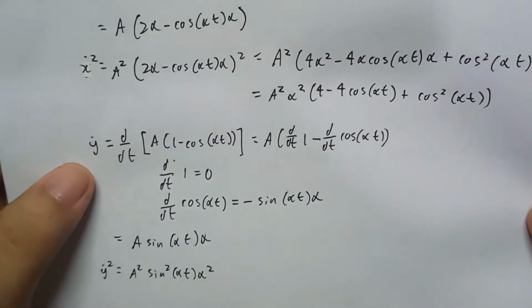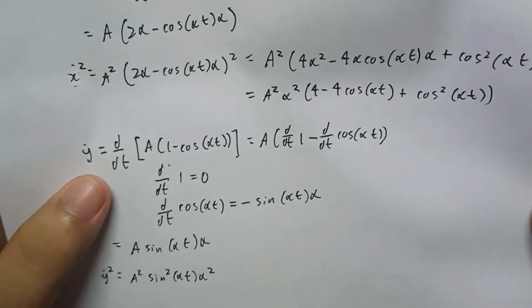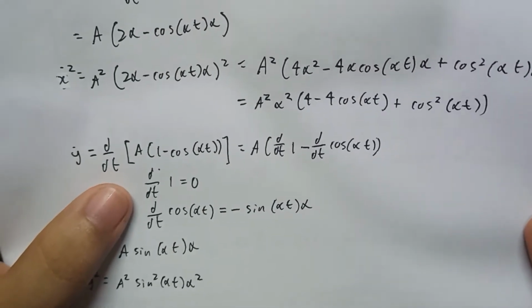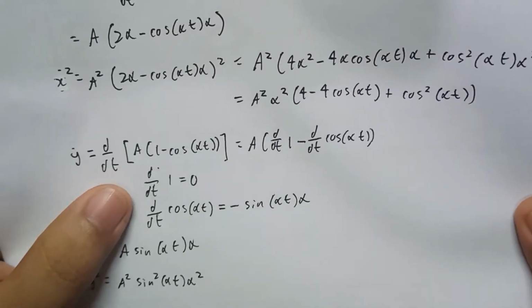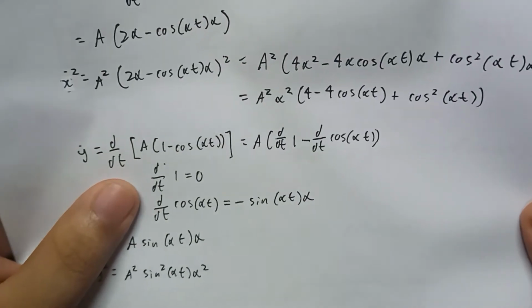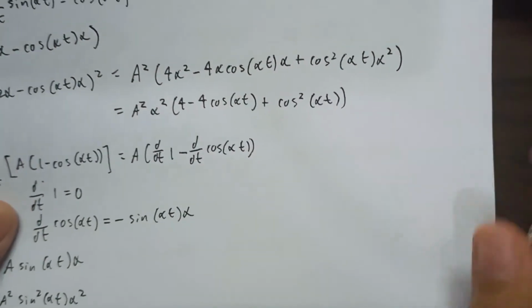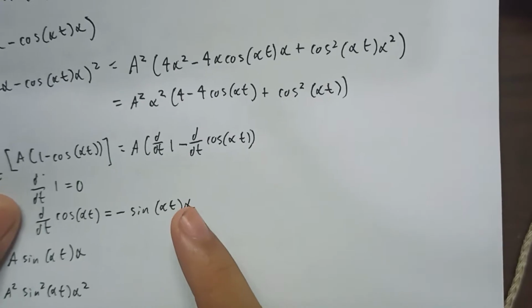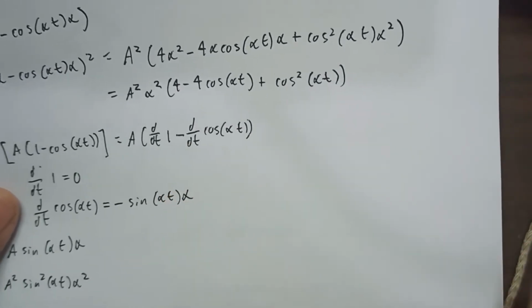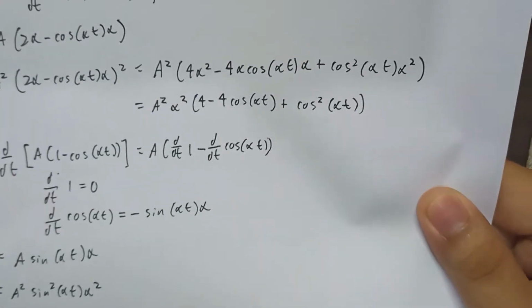Now we get the first derivative of y, which is the derivative with respect to t of the given, a times 1 minus cosine alpha t, which gives us a times the derivative of 1 minus the derivative with respect to t of cosine alpha t.